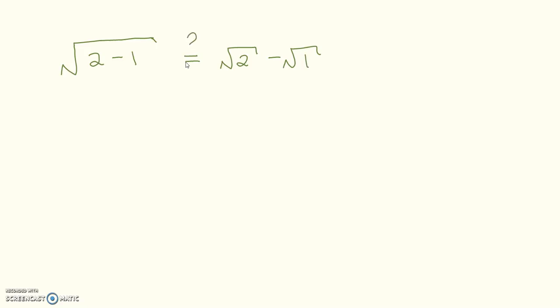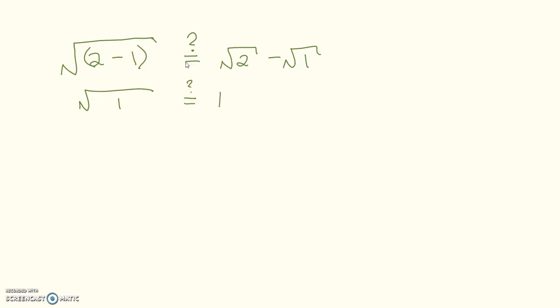Well, let's see, is that really the same thing? Well, 2 minus 1, you might notice and realize, is just 1. So clearly, if I simplify just within the radical first, I would get that it should be the same thing as the square root of 1.